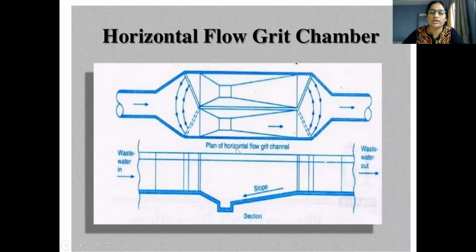This is a plan, and this is a section. I request you to draw this diagram for the horizontal flow type grit chamber. Only this section you are requested to draw. I hope you have written the heading grit chamber, and write down this figure.